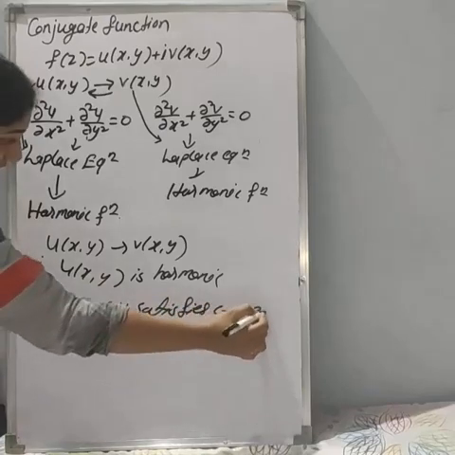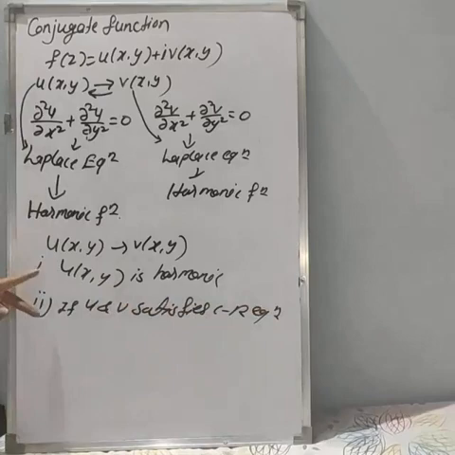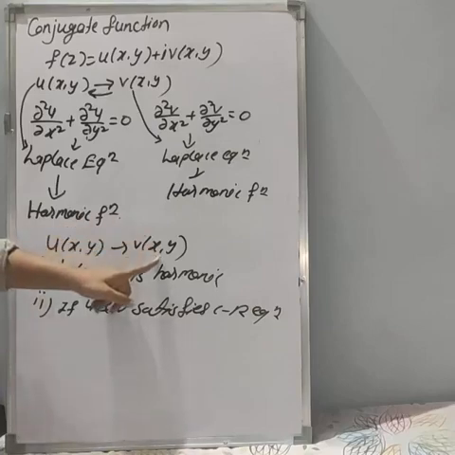You know what the CR equation is. If these two conditions are true, then we can say u of x comma y is the harmonic conjugate of v of x comma y.